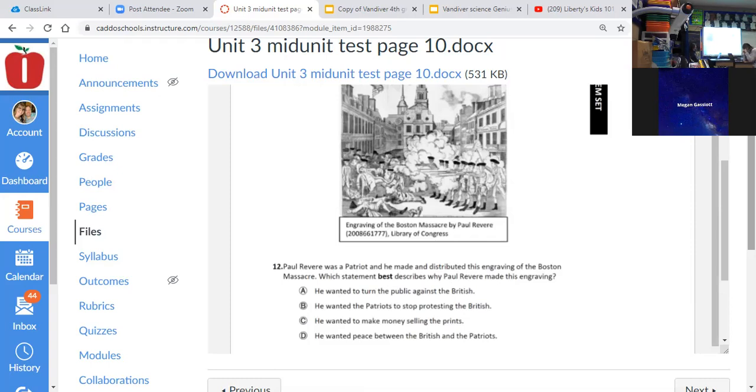Okay. Did you find yours? You can go to the assignments and it's right there. Triangular trade. Okay, guys.